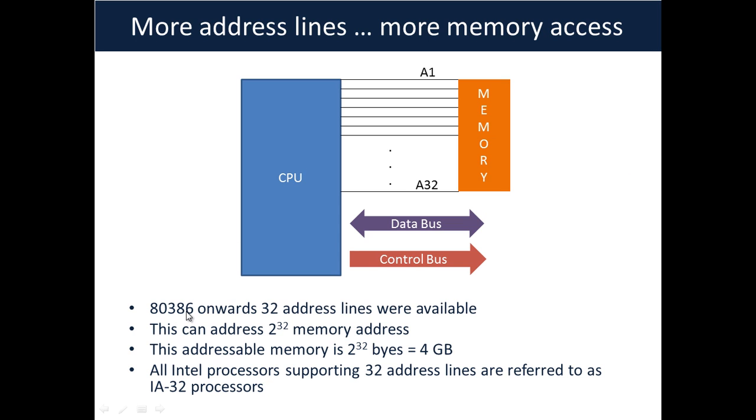From the 80386 onwards, there were 32 address lines. This allowed access to 2 to the power 32 memory locations of 1 byte each. 2 to the power 32 is 4 GB. All Intel processors which support 32 address lines are referred to as the IA32 processor family.